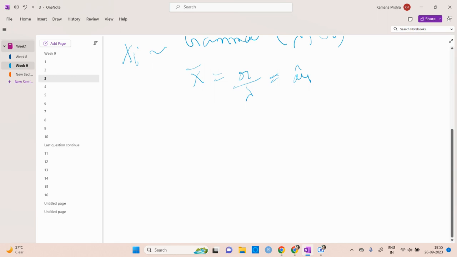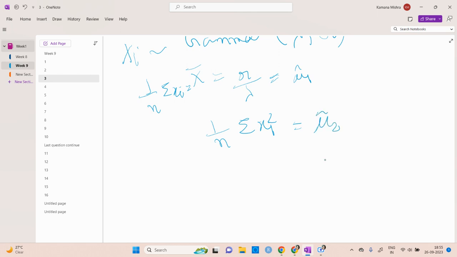Then mu2 cap, which is 1 upon n summation xi square. This is mu2 cap, and this is r times (r plus 1) divided by lambda square.